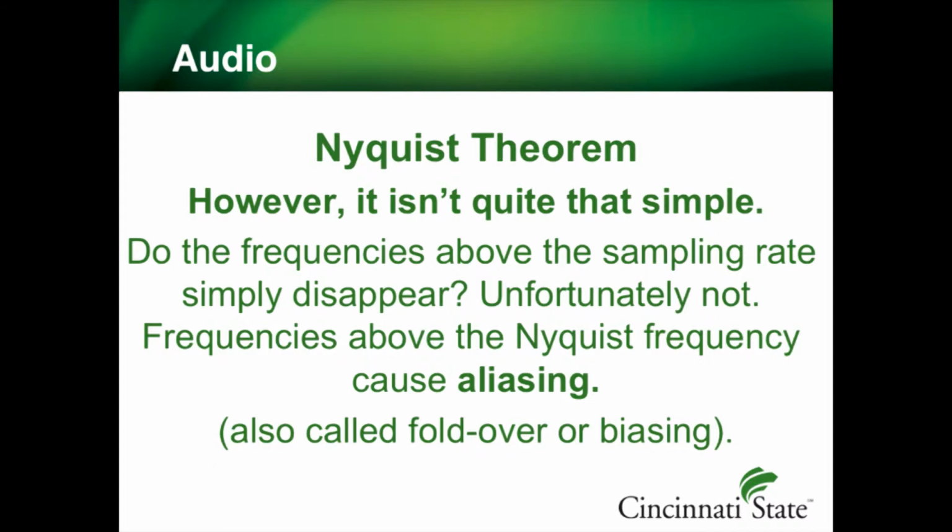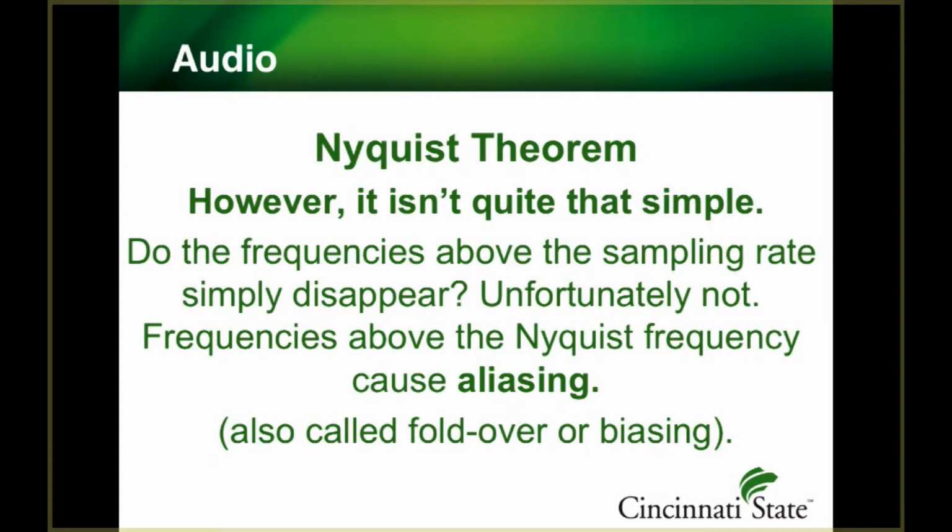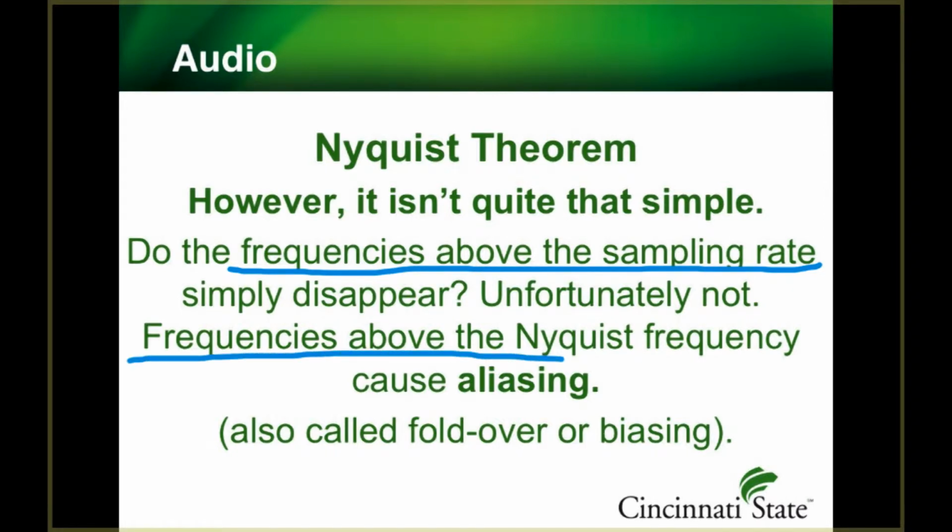However, it's not quite as simple as just taking twice that number of samples. And the reason being is that there are always going to be frequencies above the sampling rate. They don't disappear. And what happens is that the frequencies above the Nyquist frequency cause what is called aliasing.